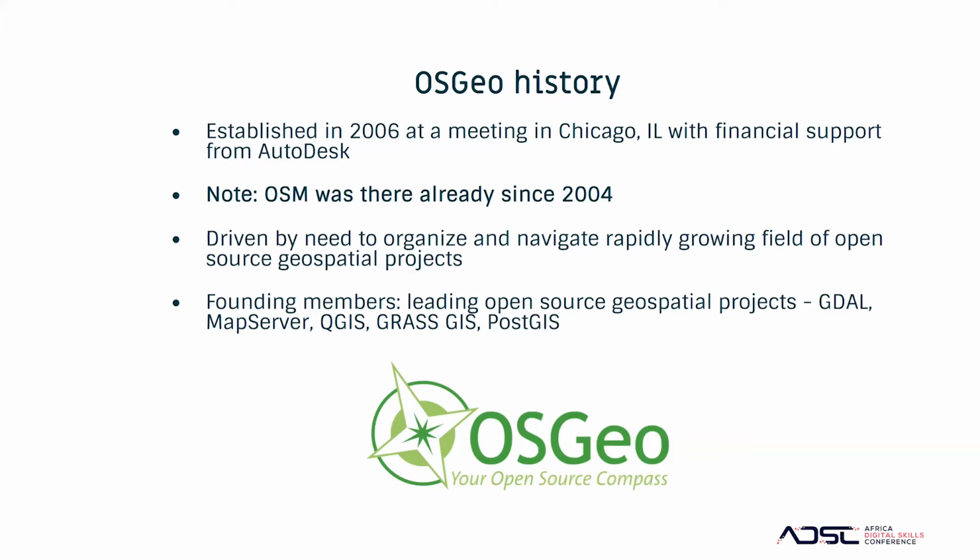It's driven by the need to organize and navigate around the growing field of geospatial and open source geospatial, especially because over the last few years geospatial has been trending, and everything we do now is happening somewhere, and whatever we do is spatial as well.